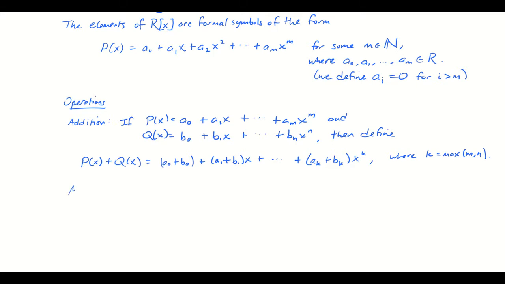Okay, so that's addition. And in multiplication, I'm going to assume that P(x) and Q(x) are the same thing, so I don't have to write those again. We're going to say P(x)Q(x) is going to be equal to, and I'm just going to write down a polynomial, and then we'll say what the coefficients are in just a minute, because this is actually a little tricky.